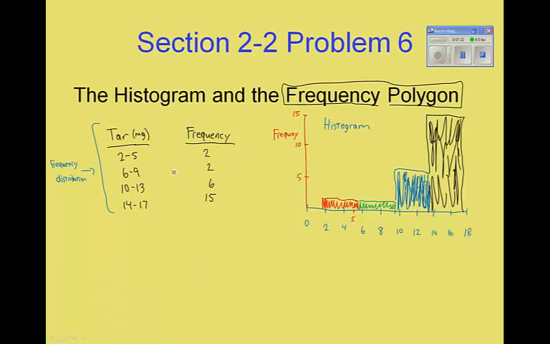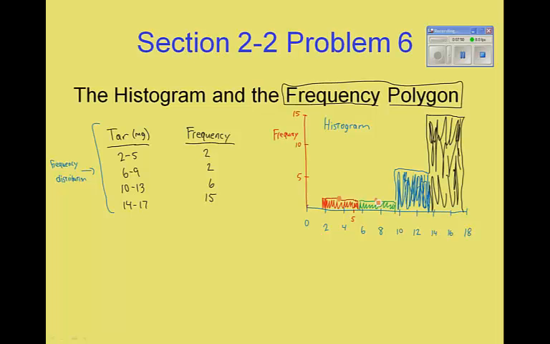So what's the midpoint of the first class? Between 2 and 5, 3.5, right? And I'm going to put a little dot right there at the top because the frequency there is 2. Between 6 and 9, the midpoint is at 7.5.